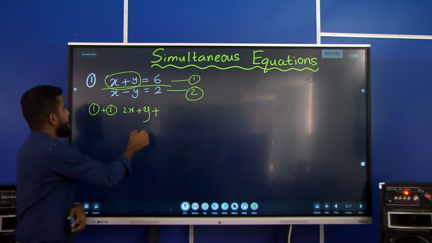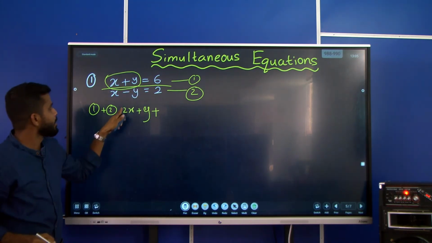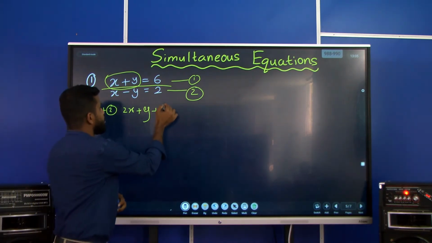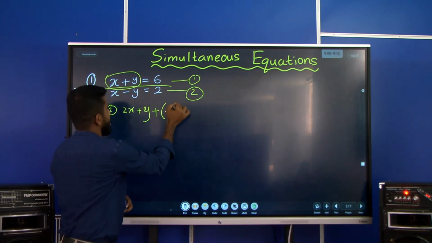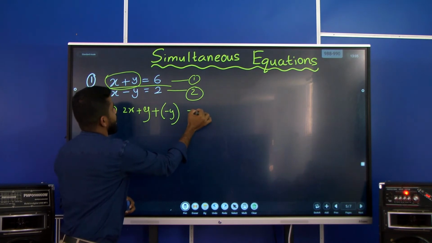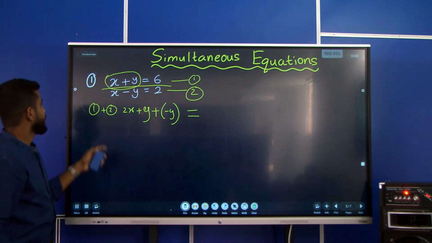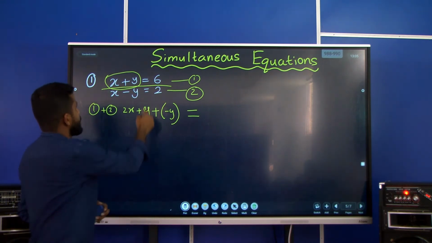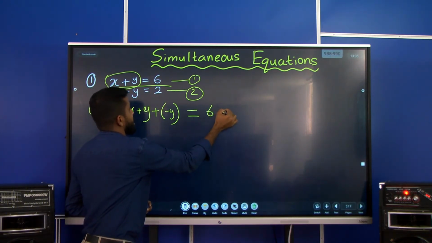Then I'm going to write minus y. Very careful, you don't just write y, write the y with the symbol minus y. Then put the equal mark. Then see here, first one plus the second one, 6 plus 2.